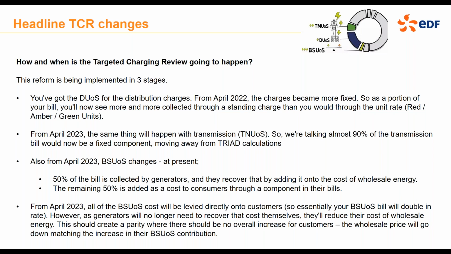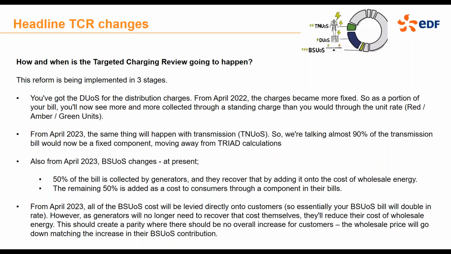So what Ofgem said is actually it's not wholly fair that not everybody is paying a proportionate cost for what they're using. If you are a large energy user, you should pay a fair and proportionate fixed cost according to the size of your supply.